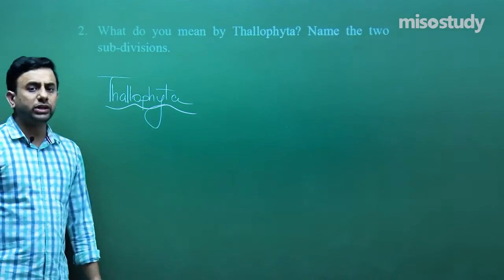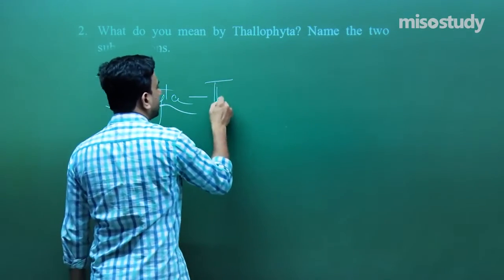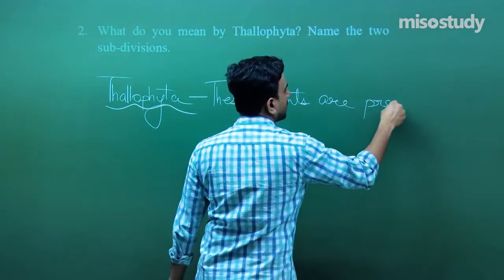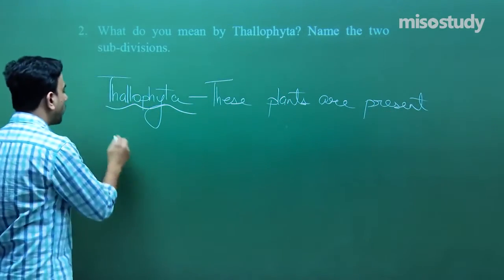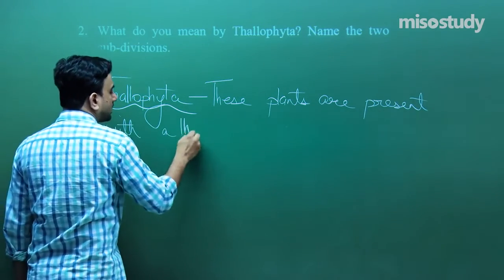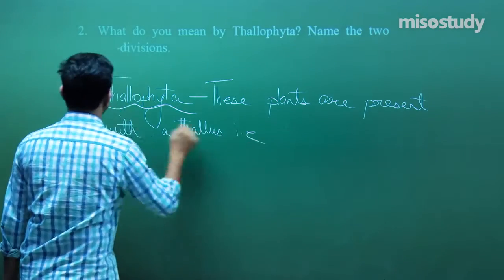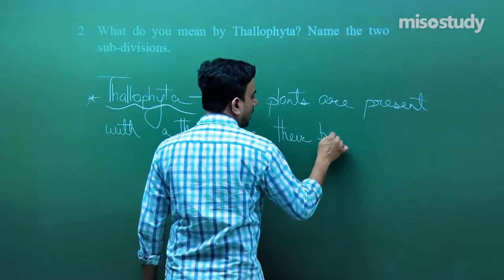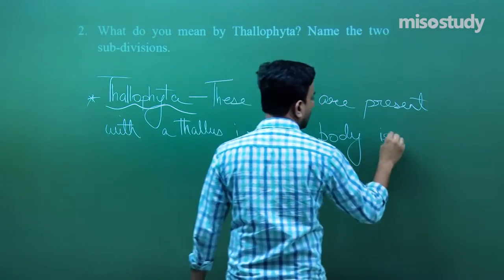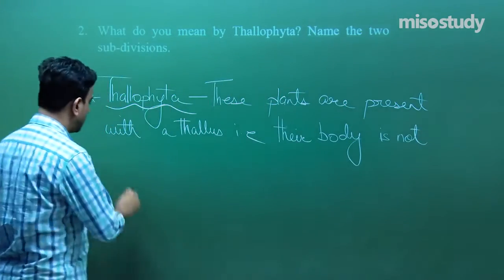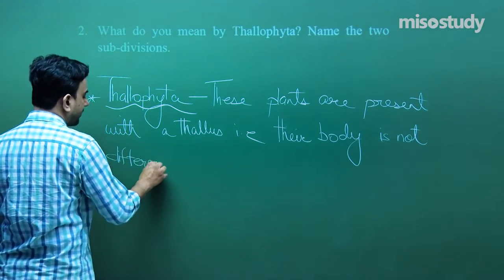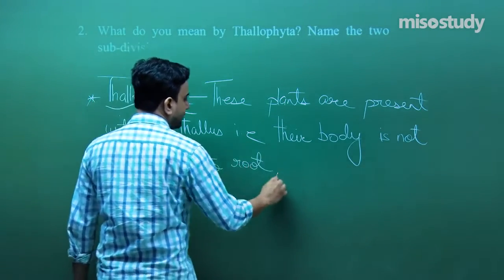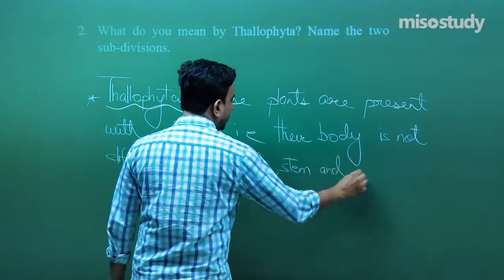What do you mean by thallophyta? These plants are present with a thallus, that is, their body is not differentiated into root, stem and leaves.